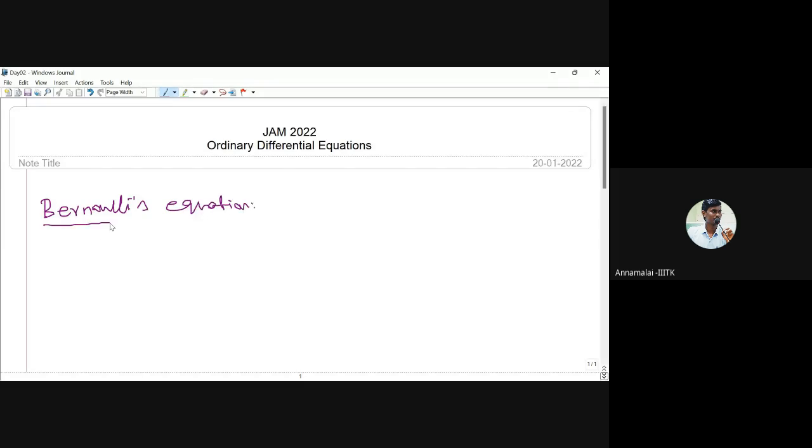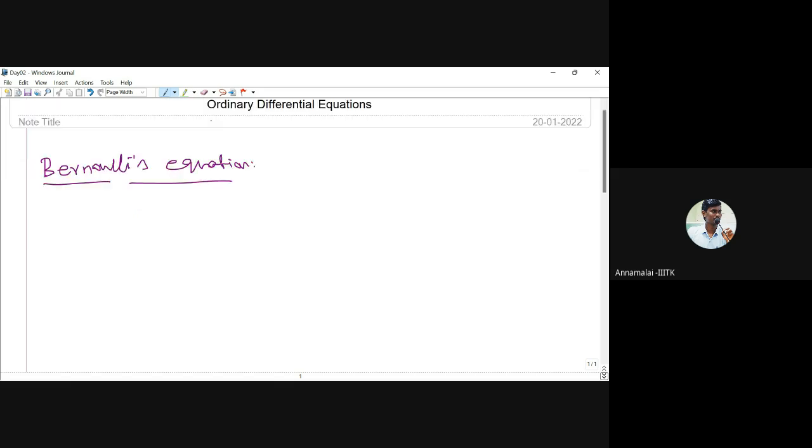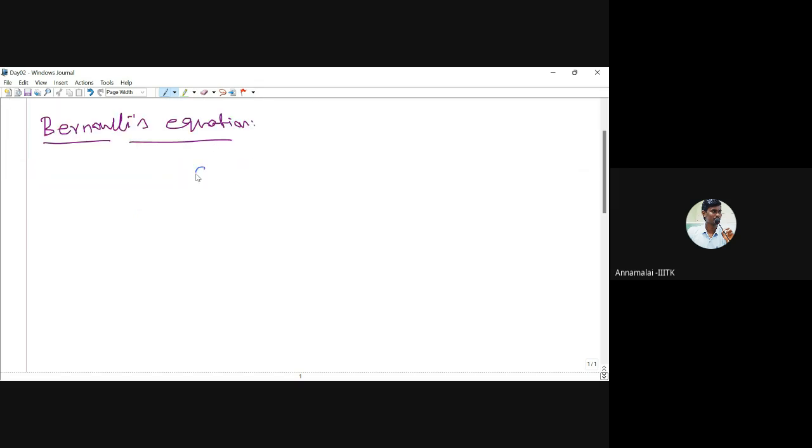The general form of the first order equation is dy by dx plus p times y equal to q times y power n.